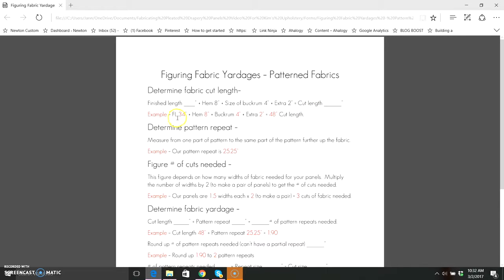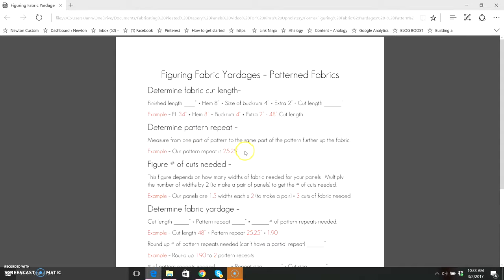For our drapery panels, I know that the finished length is 34 inches, and I add in the 8-inch hem allowance. I add in 4 inches for the buckram and then the extra 2 inches. So my total cut length is going to be 48 inches. Next, you're going to need to determine your pattern repeat.